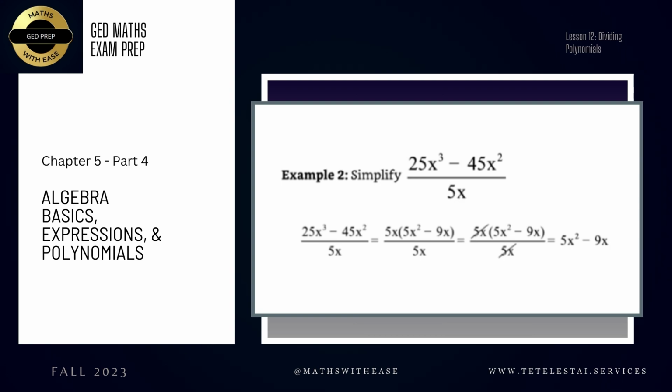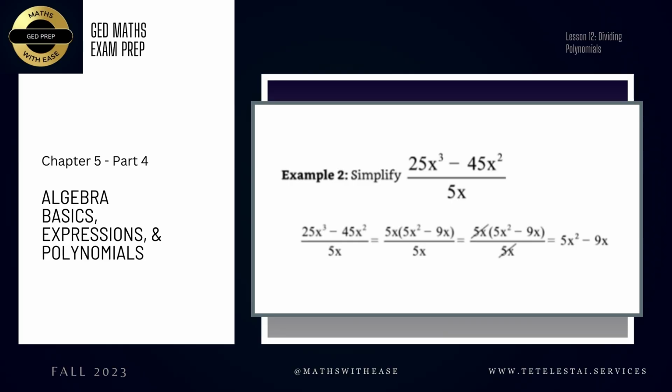Then you look at your coefficients. You know that 25, 45, and 5 share a common factor, and that happens to be 5. So right off the bat, we know that we can factor out 5x, okay, which is what's been done here. And if we draw out 5x from 25x cubed, we will have 5x squared.